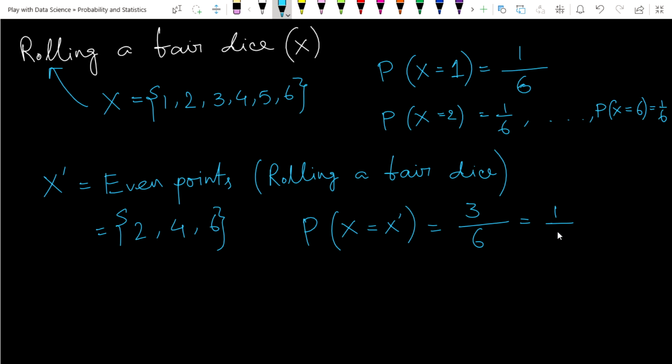So the probability will be 1 by 2. Similarly, if instead of the even points we take the odd points, what will be the probability?